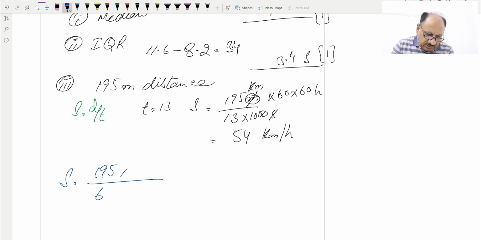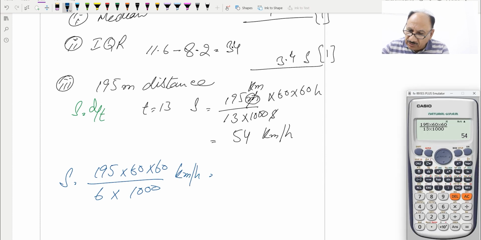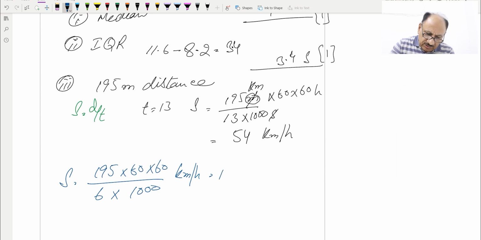So we change the time again by multiplying by 60, and this will be 1000. Now this will be in kilometers per hour, and we can simplify. This will be the same thing, with the change of 6 over here, and this will give us 117 kilometers per hour.